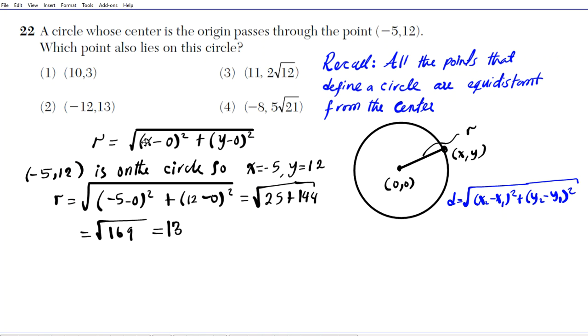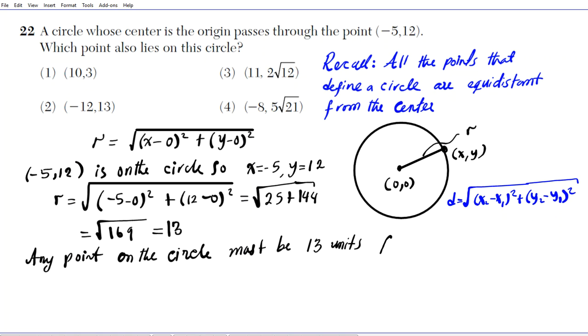Now, what's the deal? How do we know which one is correct here? Any point, based on our definition, any point on this circle that satisfies this condition right here, must be what? It must be 13 units from the center, okay?